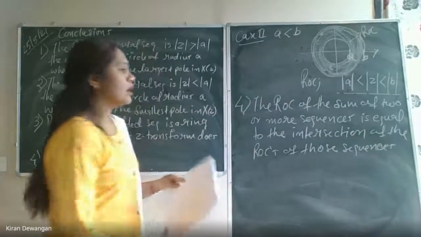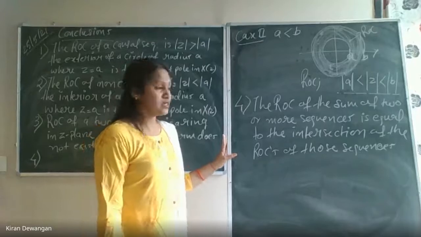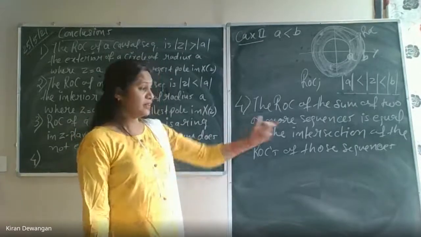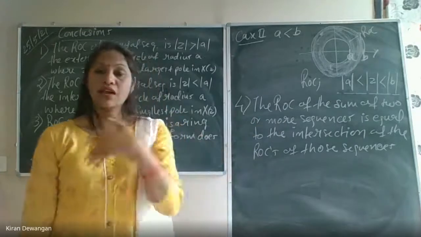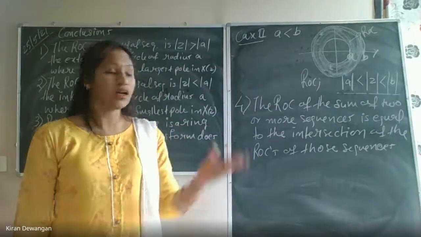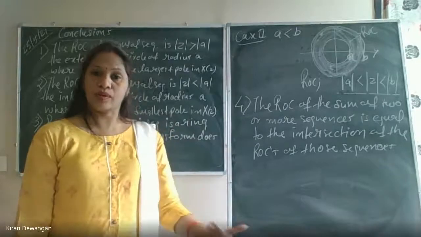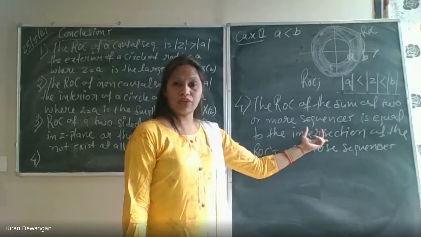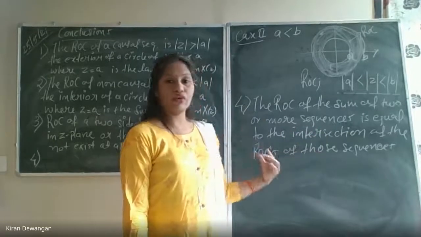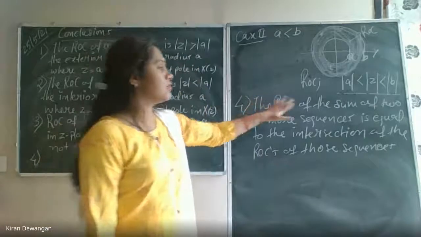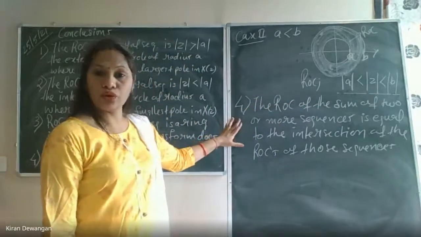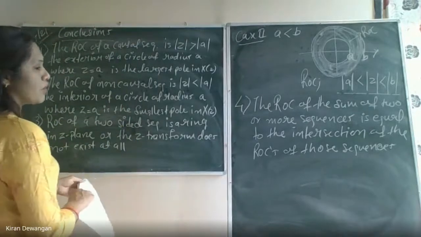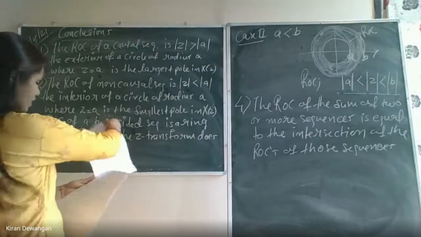So if you have a summation of two or more sequences, the ROC will be the intersection: take the first ROC, take the second ROC, and the common region in both will be our ROC. The intersection is an important term here. Clear now? So these are all the conclusions about the ROC. Now let us go into another topic.